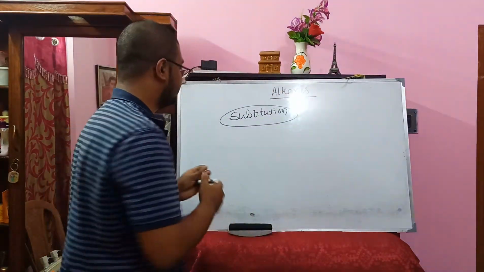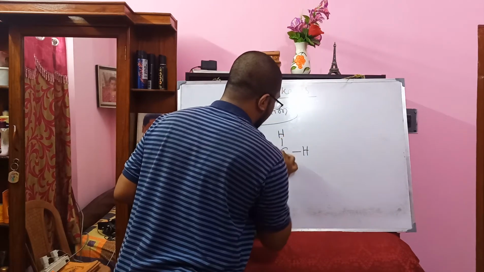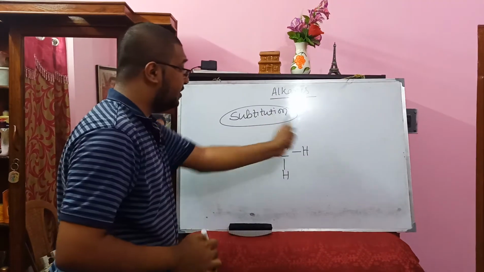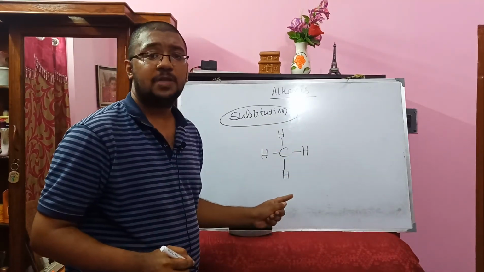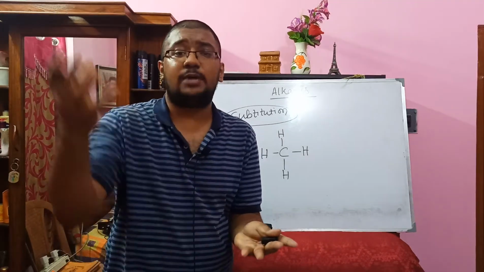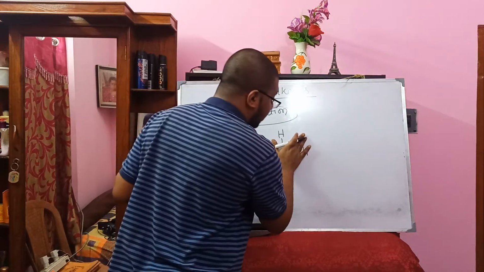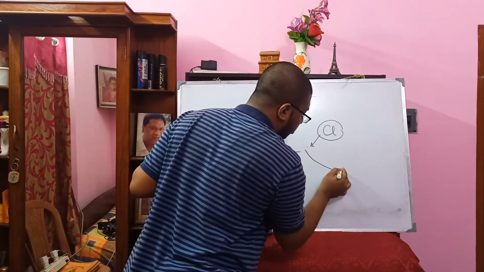In the case of alkane, all the bonds of the carbon are satisfied separately. 4 bonds with 4 atoms, so there is no space left for someone to come and join. If we want chlorine to come and join here, this hydrogen has to go out.